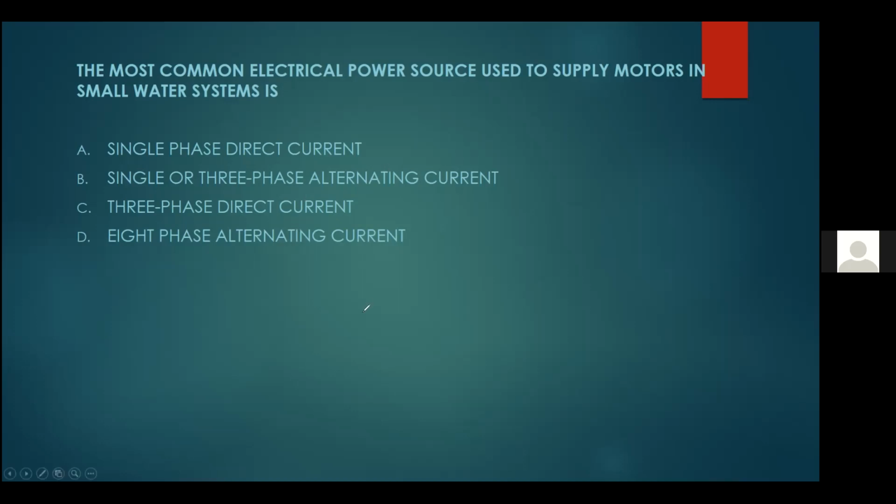I see some different answers there, so let's talk a little bit about that. The answer here is going to be B, and let me tell you why.